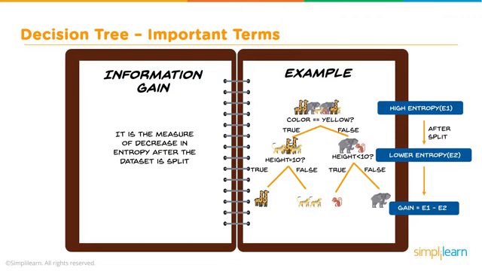And as you see, as we split it, the entropy continues to be less and less and less, and so our information gain is simply the entropy E1 from the top and how it's changed to E2 in the bottom. And we'll look at the deeper math, although you really don't need to know a huge amount of math when you actually do the programming in Python, because it'll do it for you. But we'll look at the actual math of how they compute entropy.